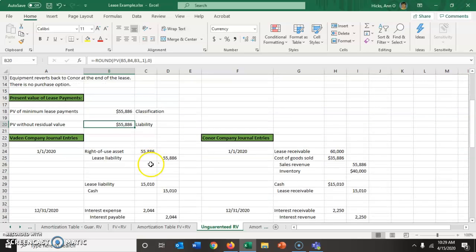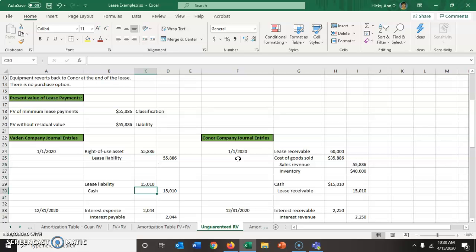Now, what happens then is that we will go through the same journal entries, debiting right of use asset, crediting lease liability. These journal entries really are quite similar to the journal entries with a guaranteed residual value, wherein the equipment retained that guaranteed value. So if you go back to that example, you'll see the journal entries for the lessee are very much the same.